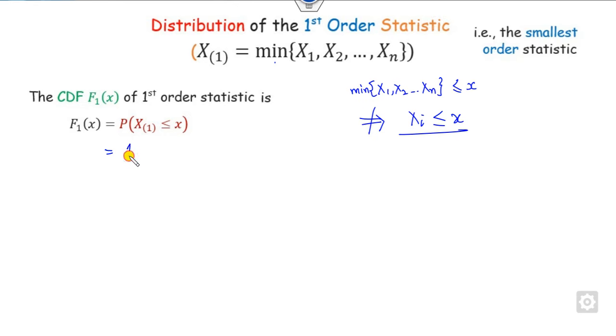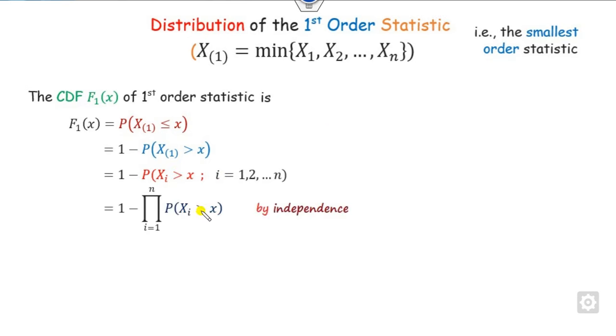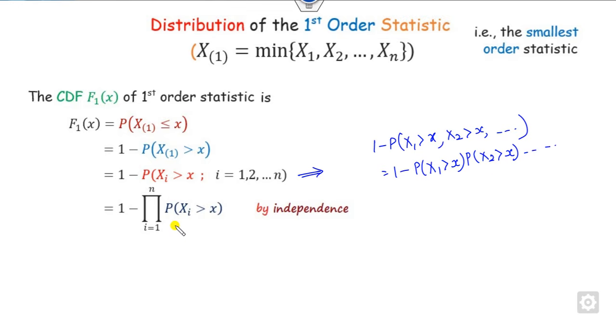So I can write this as 1 minus the probability that the minimum is greater than x. If the minimum of the variables is greater than x, it means each of the variables is greater than x. Since the Xi's are again independent, we can write this as the product: X1 is greater than x, comma, X2 is greater than x, comma, and so on. Since they are independent, I can write this as P(X1 greater than x) times P(X2 greater than x) and so on.